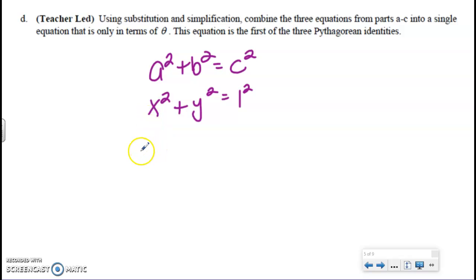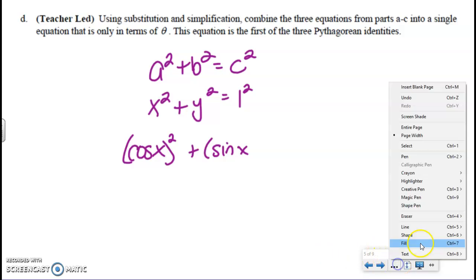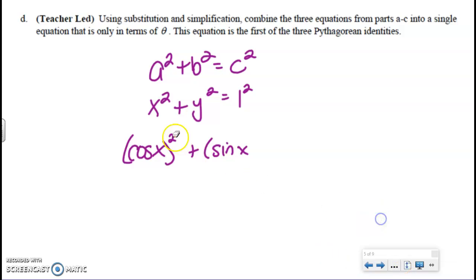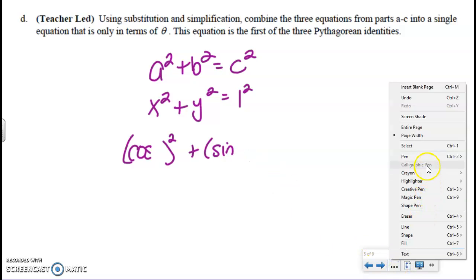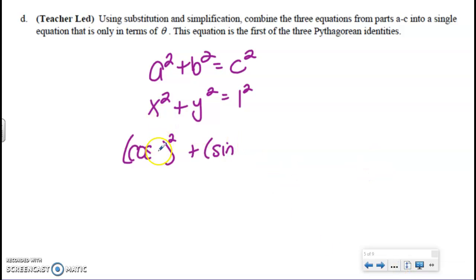And we know that cosine of theta is the same as x, and sine of theta is the same as y. So we have cosine of theta squared plus sine of theta squared, and 1 squared is just 1.